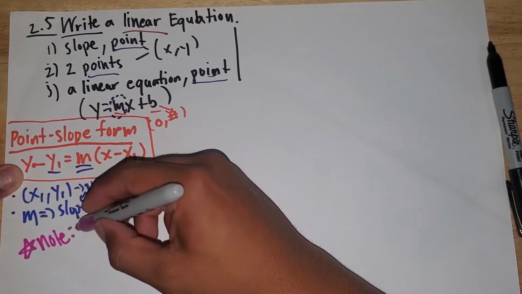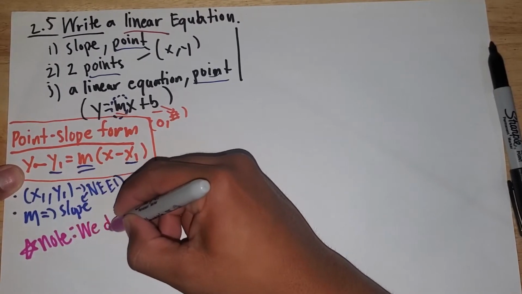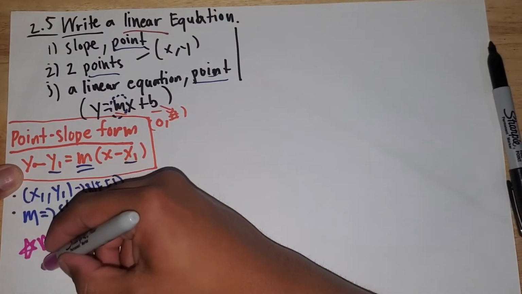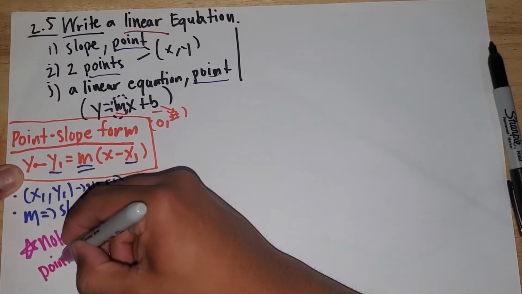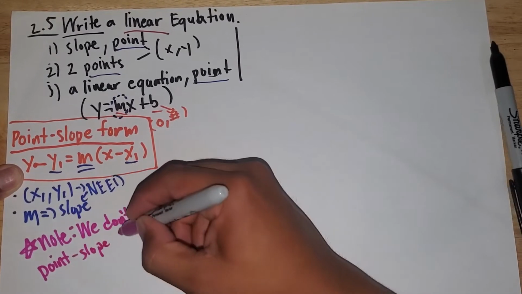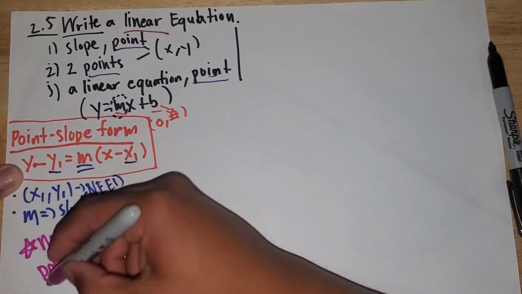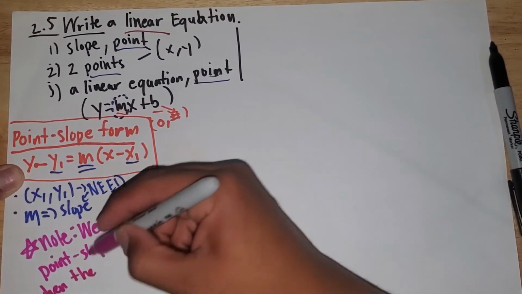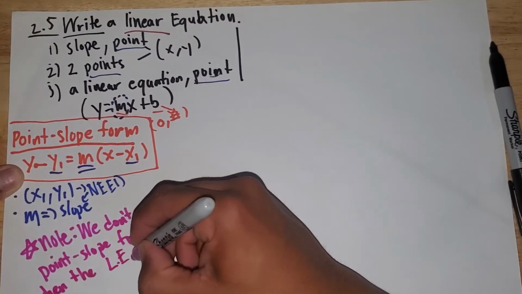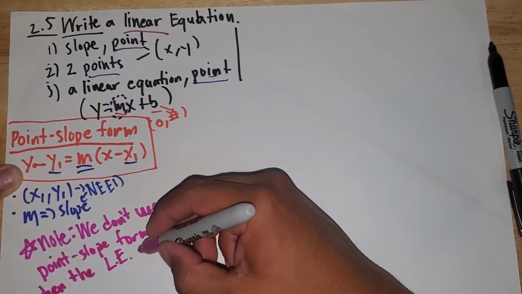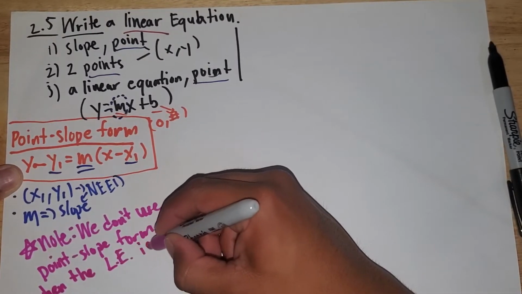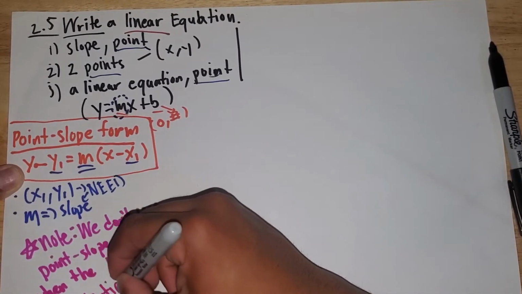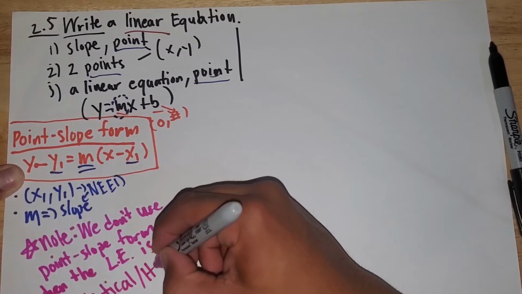We don't use point slope form when the linear equation is vertical or horizontal.